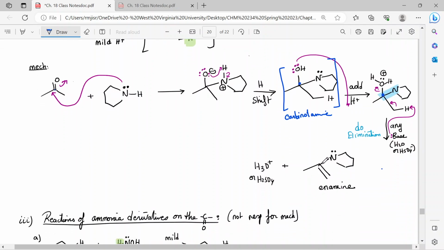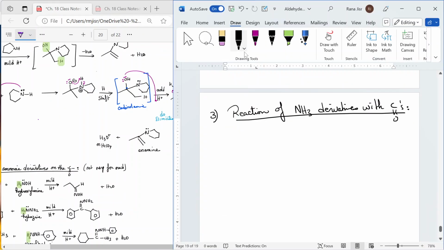So your product in this case, instead of forming a double bond between the carbon and the nitrogen, you'll form a double bond between the carbon-carbon bond. And this is called an enamine. And let's have an example for this reaction in here.